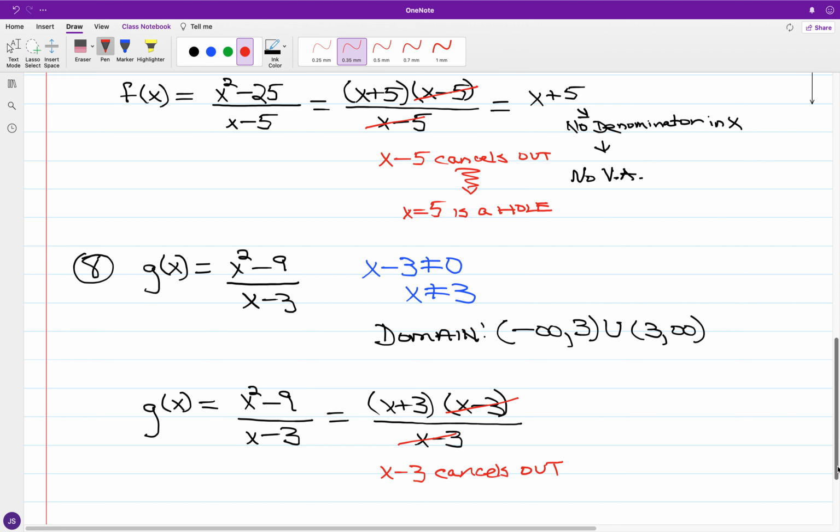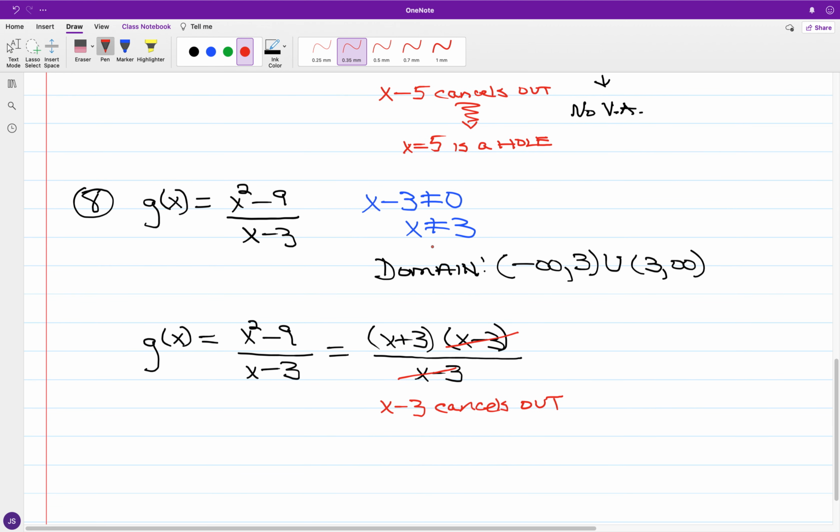And instead of having what could have been a vertical asymptote at x equals 3, it turns out that x equals 3, just like x equals 5 earlier, is going to be a hole. With this reduction, g of x is equal to x plus 3.